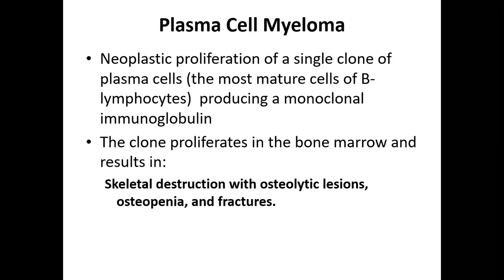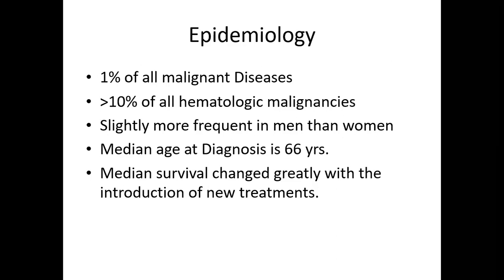Plasma cell myeloma is also a neoplastic disease that is derived from B lymphocytes. There is a clone of plasma cells that produce abnormal monoclonal immunoglobulin. The clone proliferates in the bone marrow and results in skeletal destruction with osteolytic lesions, osteopenia, and fractures.